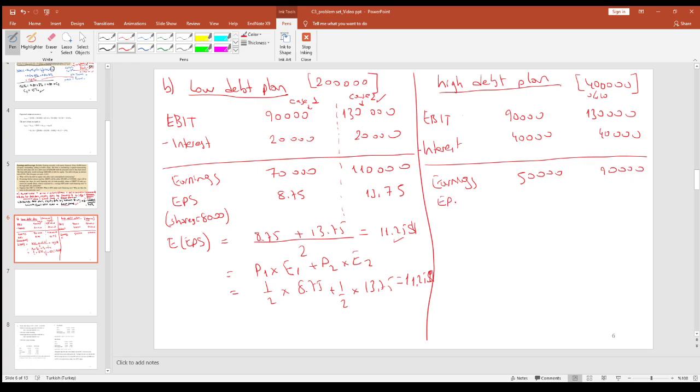So let's calculate earning per share here for both scenarios. Remember, in this case you are going to have 6,000 shares.